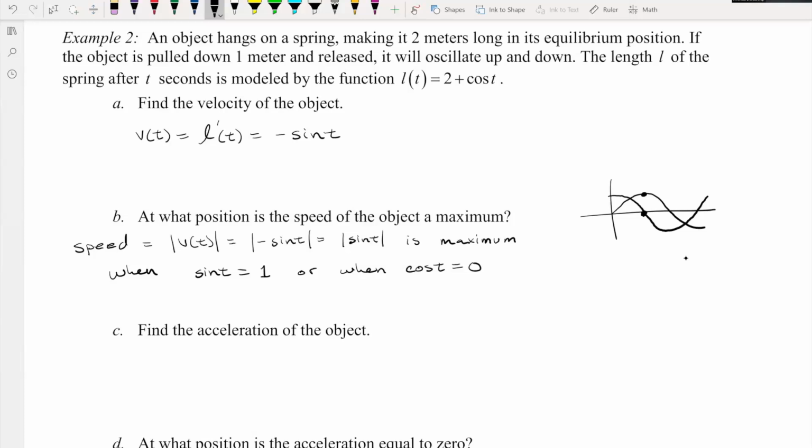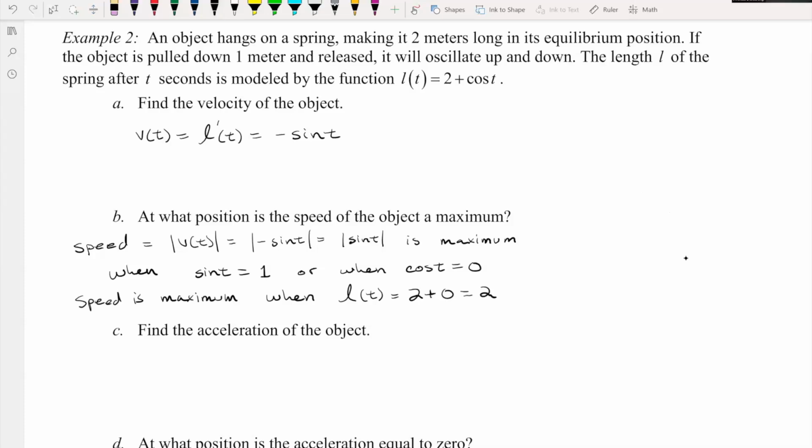So if we look above at L of t, speed is maximum when L of t is equal to 2 plus cosine t being 0, it's going to happen at 2.